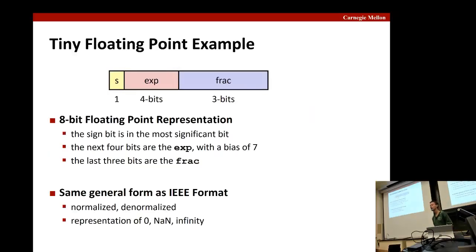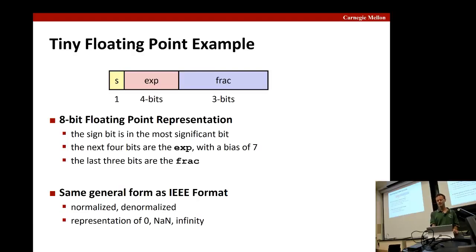Okay, so just to look at some examples, we're going to view very short floating point numbers. We call them tiny floating point numbers. Let's suppose you're trying to represent an 8-bit floating point number. We're going to allocate 4 bits for the EXP and 3 bits for the fraction.